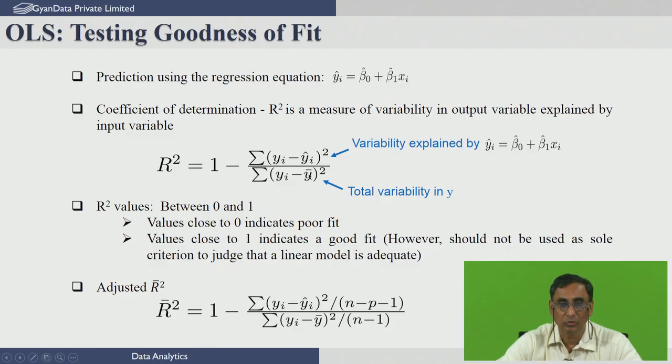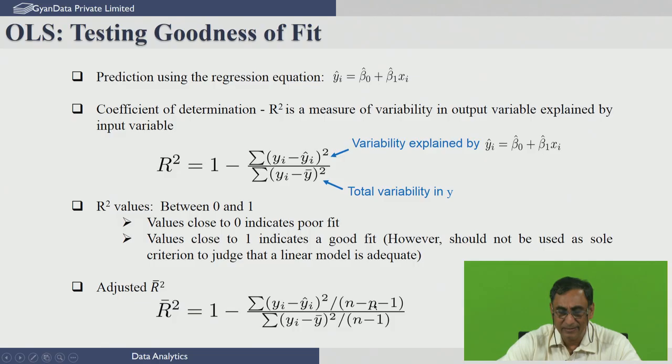So, you have to account for the fact that you have used more parameters to obtain a better fit, and not because there is a linear relationship between y and xi. So, you should go back and account for the number of parameters you have used, or the number of degrees of freedom that is used in estimating the numerator. For example, you have n data points, and in this case p equals 1, which happens to be only beta 1.